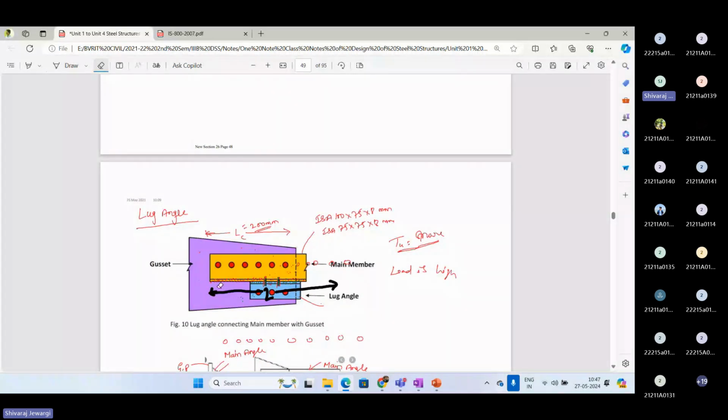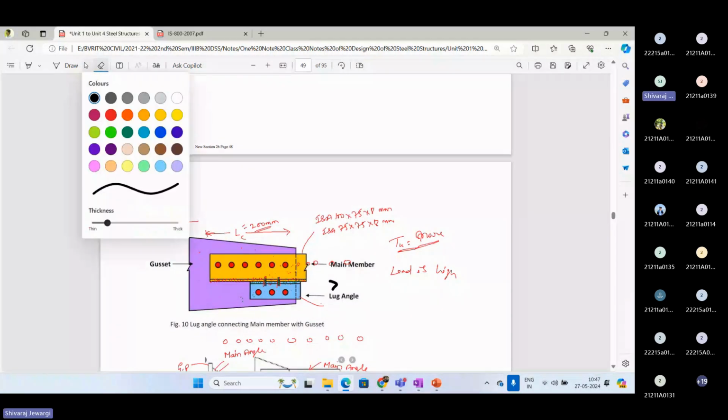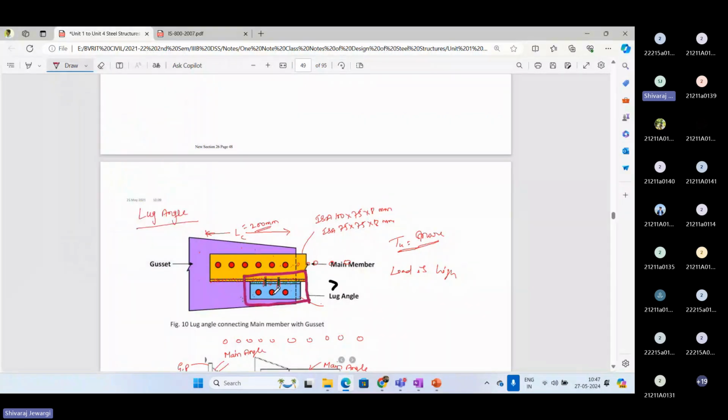Can you see this one more light blue color, this portion? This is an additional lug angle, provided to reduce the length of the connection and also to properly distribute the load in the connection.